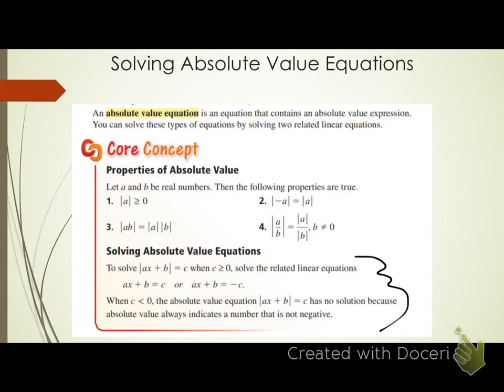The bottom paragraph that I had you write down, this is how we're going to solve our absolute value equations. To solve the absolute value of ax plus b equals c, this is an important part. When c is greater than or equal to 0. What does that mean? If c is greater than or equal to 0, what does that mean?